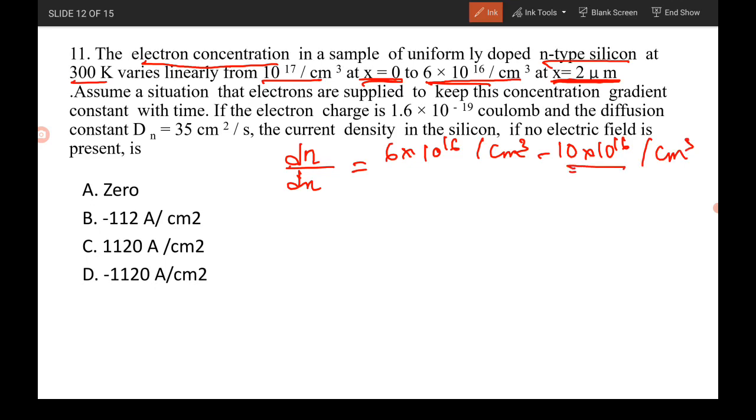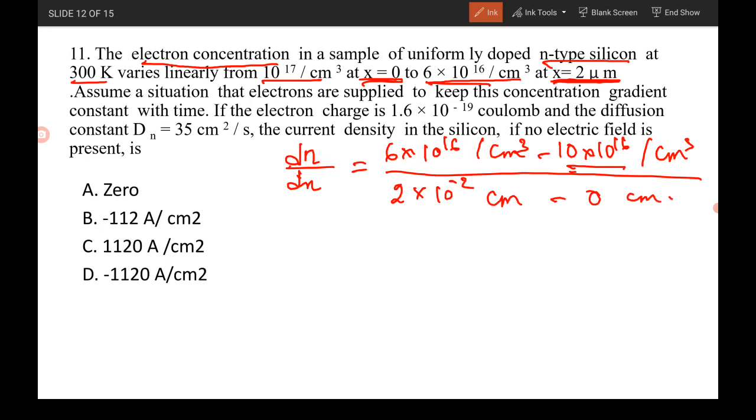We have to write it in this manner, divided by how much? The final distance, that is 2 micrometers. We will have it in centimeter, so 2 into 10 to the power minus 2 centimeter minus 0 cm.